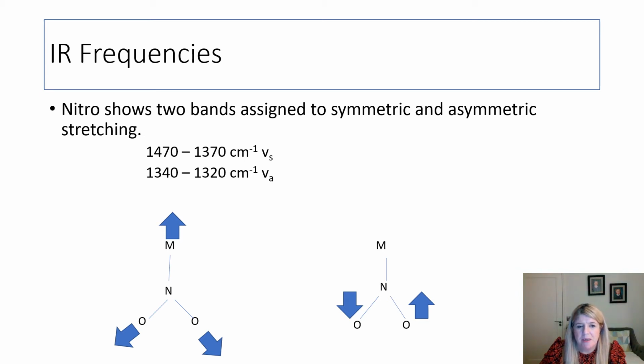And that would be between 1470 and 1370 wave numbers. The asymmetric stretch, so it's one oxygen pulling down and the other one pulling up, would be seen at 1340 to 1320 wave numbers. So those two are characteristic of the nitro isomer.